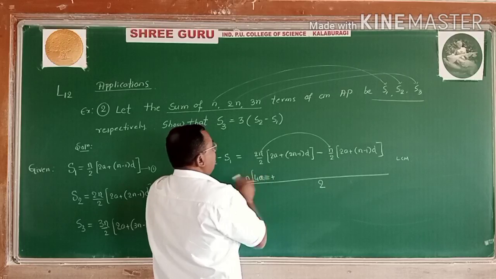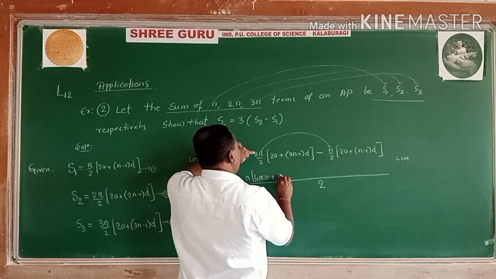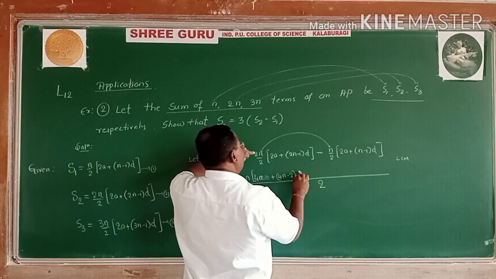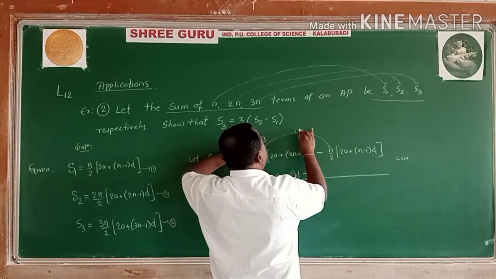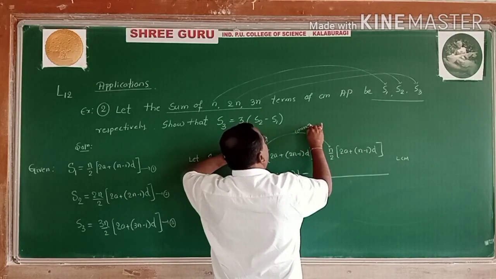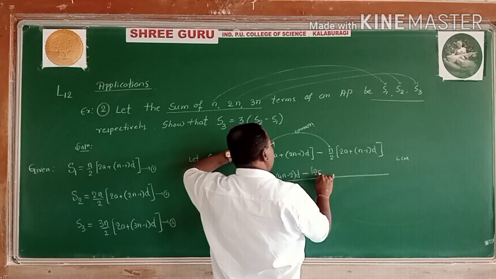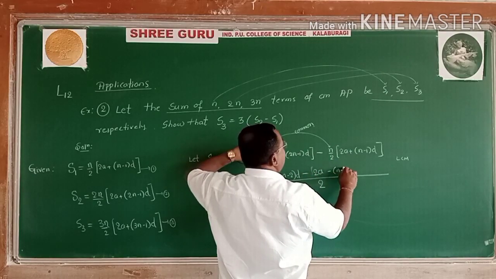4a. Understood? Taking n common: plus 2 into 2, 4n minus 2 into d. The 2 goes inside. Next, minus, this n is outside, common. Next, here minus 2a minus n minus 1 into d.